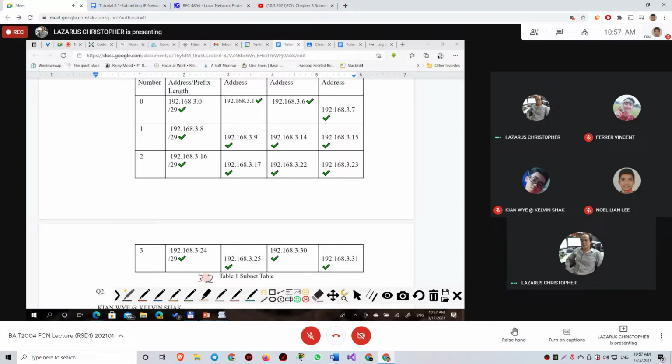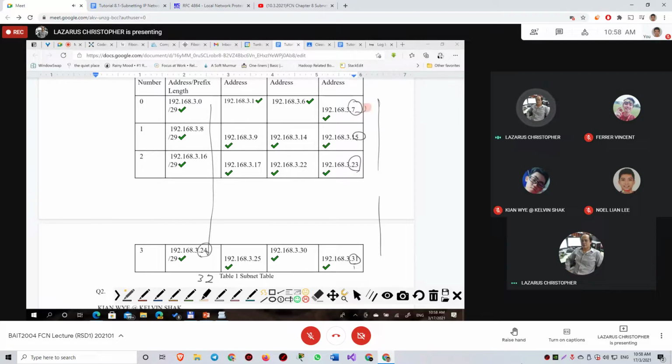Because the broadcast address for the previous subnet is the address directly before the next network address 32, which is 31. The previous broadcast number is 24, previous to that is 23. Previous to 16 is 15. Previous to 8 is 7. As long as you get this correct, you get this correct.